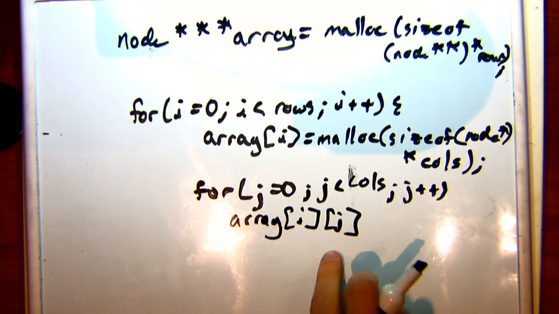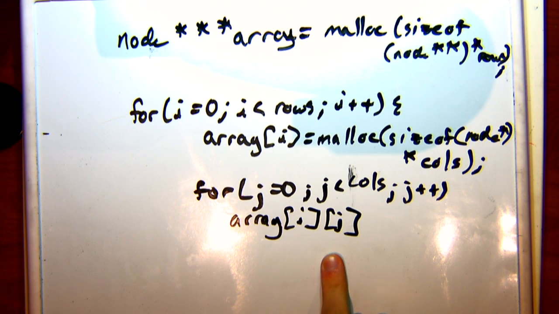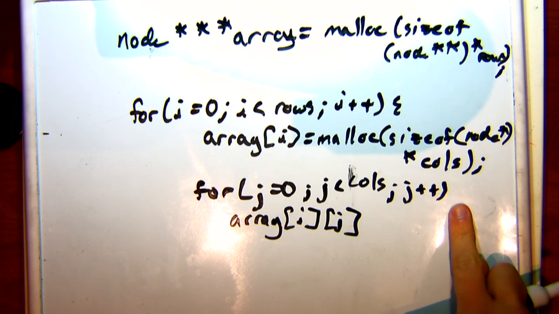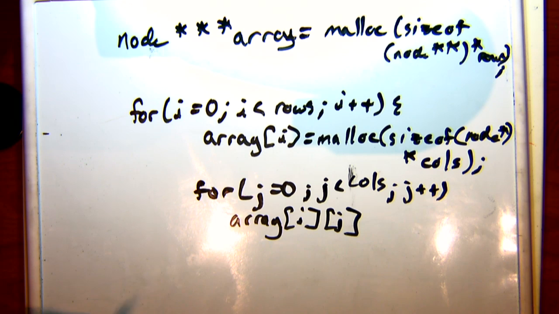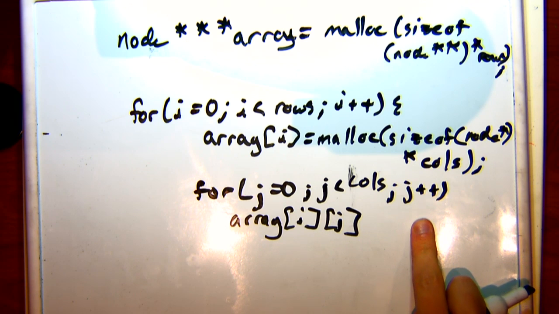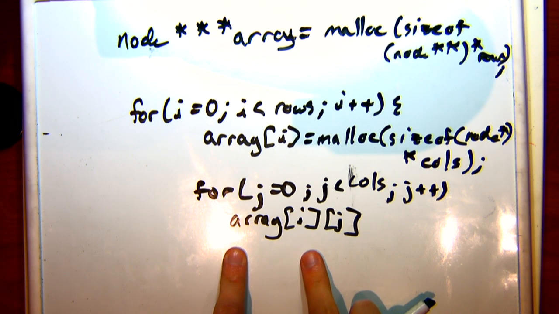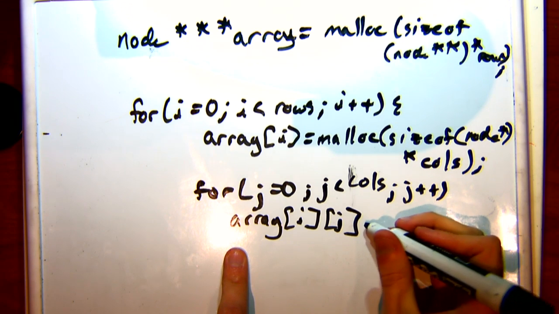And basically the thing at that index, so we're going through the number of columns here. For that array, or that row that we just filled in with columns, we're going to create each of those nodes here.